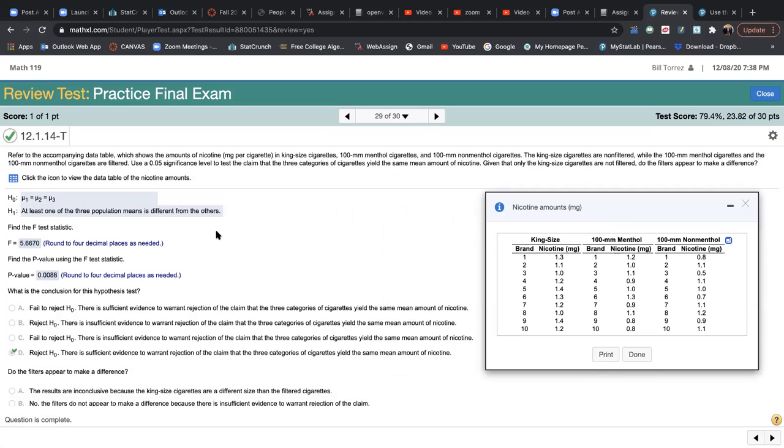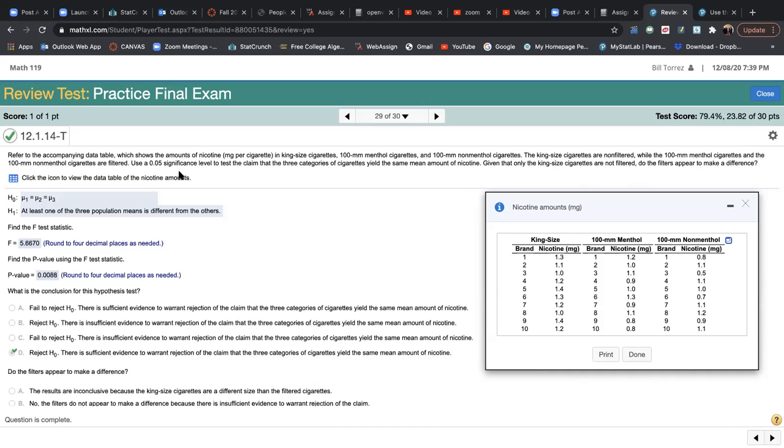This data shows the amount of nicotine in milligrams per cigarette in king size cigarettes, 100 millimeter menthol cigarettes, and 100 millimeter non-menthol cigarettes. The king size cigarettes are non-filtered, while the 100 millimeter menthol and non-menthol cigarettes are filtered.